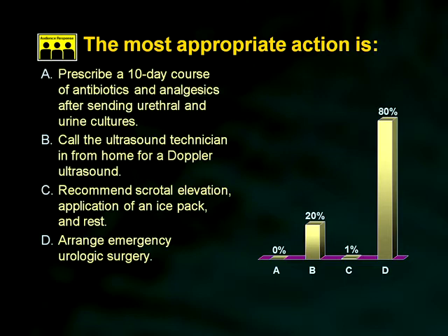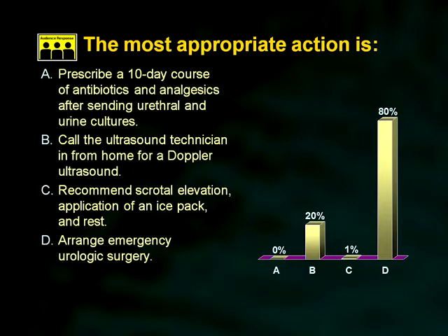Okay, so most of you want to call your urologist, and some of you want to call the Doppler technician in from home. So the good news is you're both right. I think that probably D is a better choice because you've already been told in the question that the patient reports 45 minutes of severe pain. So you're approaching the limits of the viability of the testicle at this point.